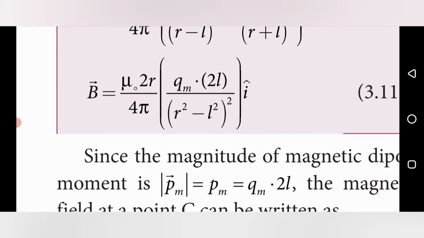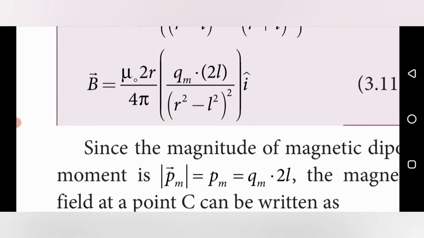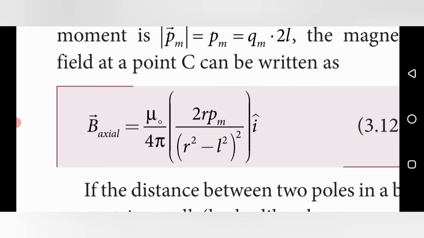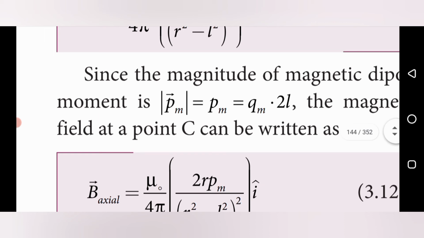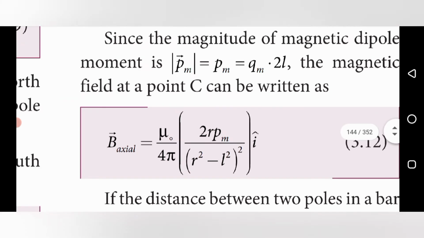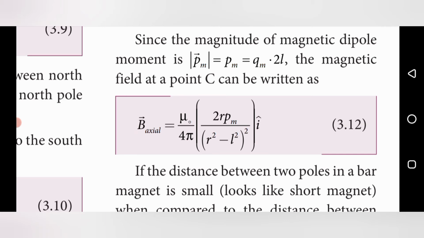Then substitute the value: you already know the magnetic dipole moment P is equal to Qm into 2L. So the numerator will be the P value. Finally you get the axial B vector equal to mu naught by 4 pi, 2r Pm divided by (r square minus l square) whole square. This is the final value of the magnetic field along the axial line of a magnetic dipole.